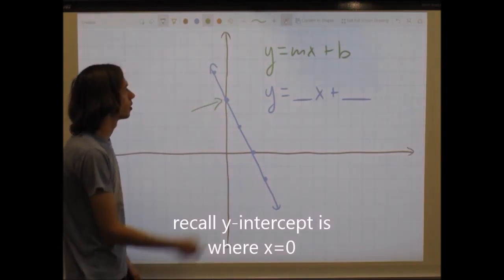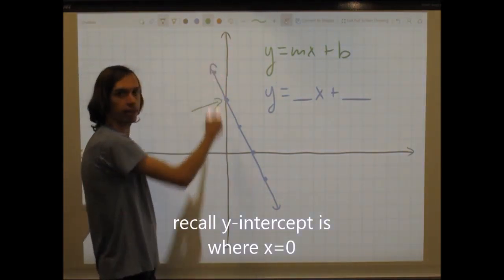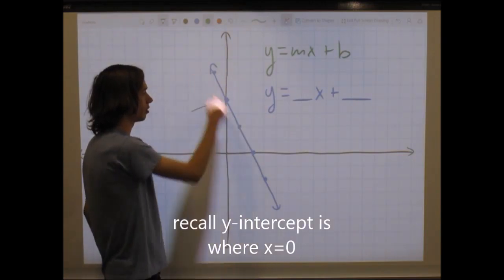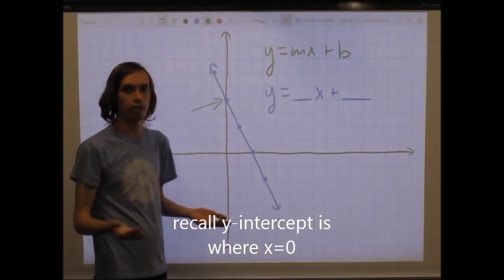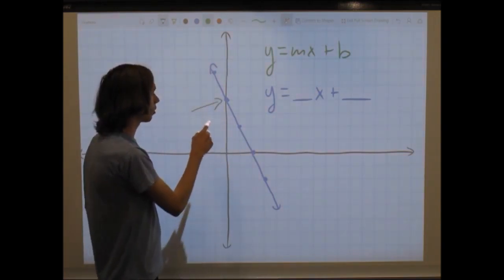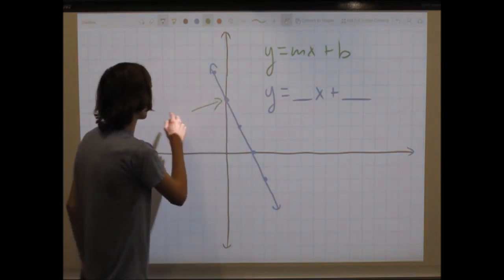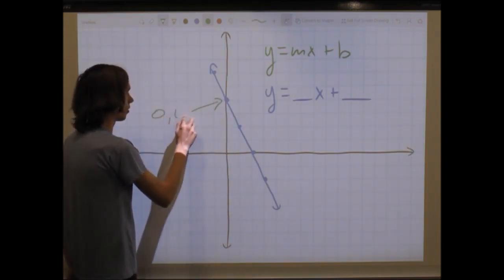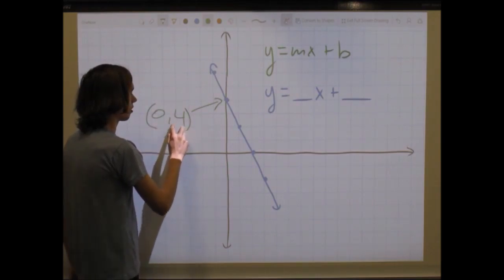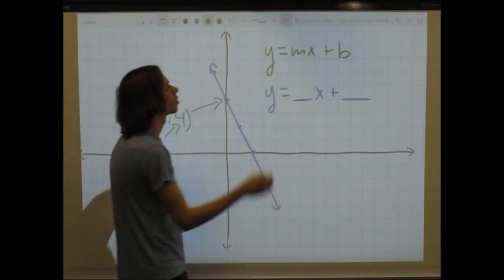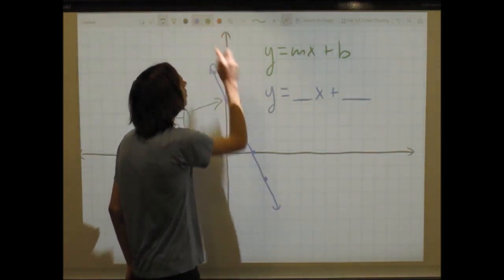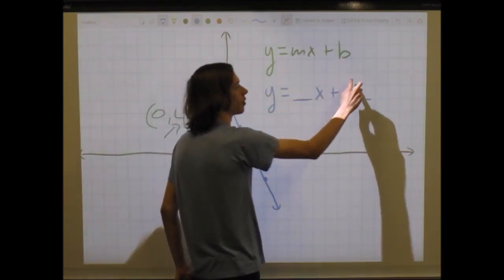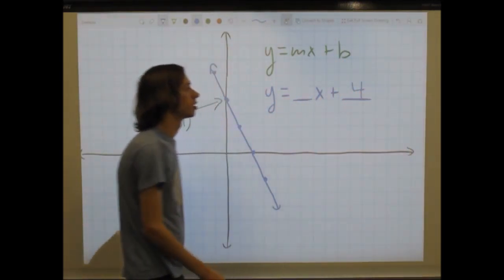That's where the y-axis and the line intercept. That's at the point, looks like 1, 2, 3, 4, so (0, 4). So our b value is going to be 4, so we'll put a 4 right there.